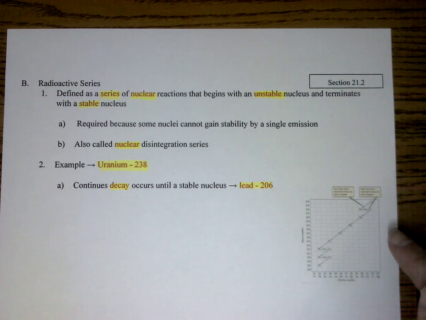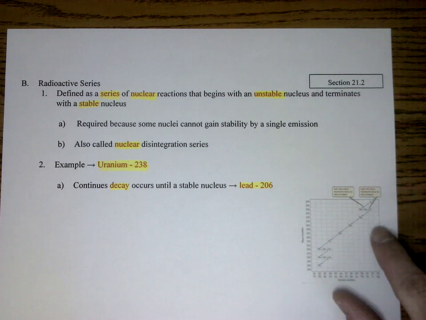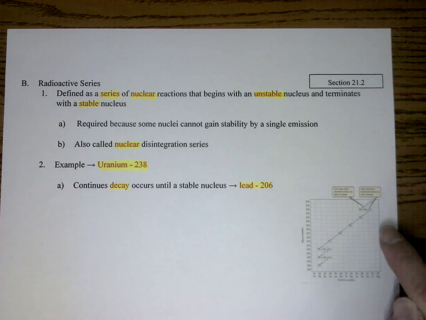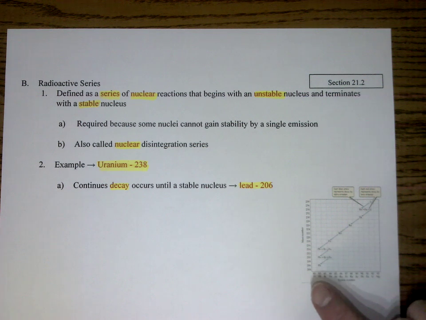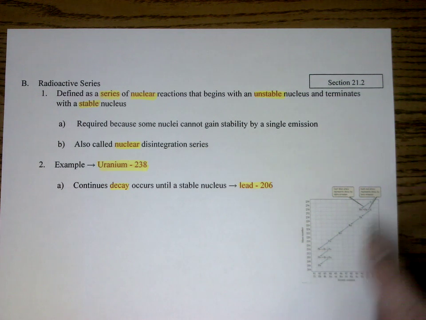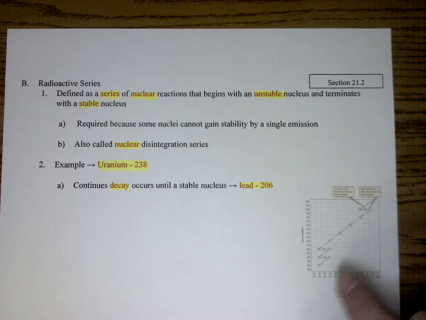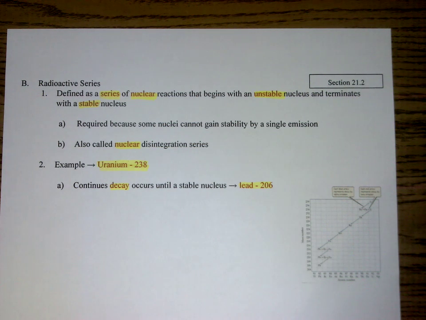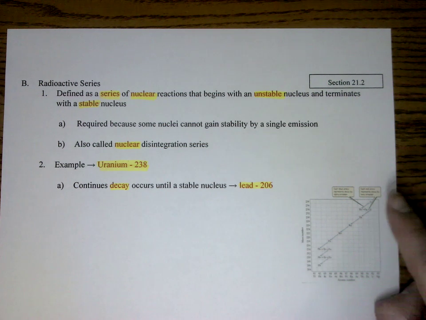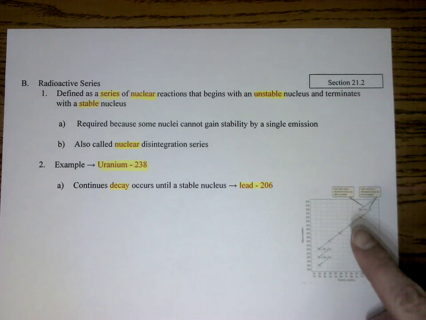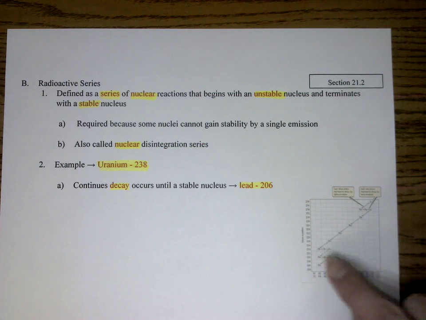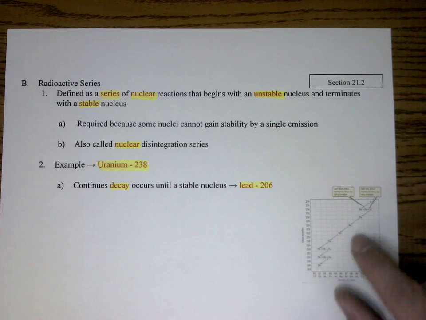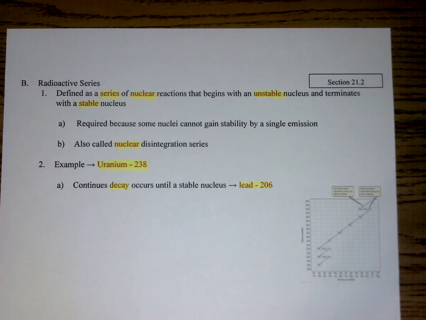So our example here is uranium-238. In this chart, it's probably a little bit better on your notes, but you can see that it undergoes each of these nuclear emissions until it becomes stable at lead-206. So again, as we get these new nuclei here, we undergo our nuclear radiation until we reach that lead-206.